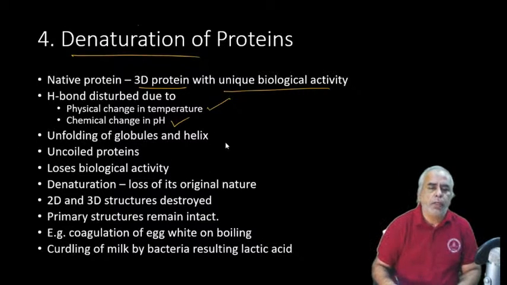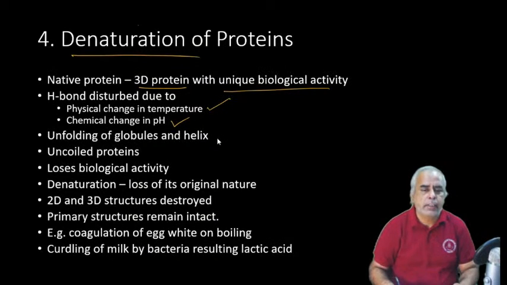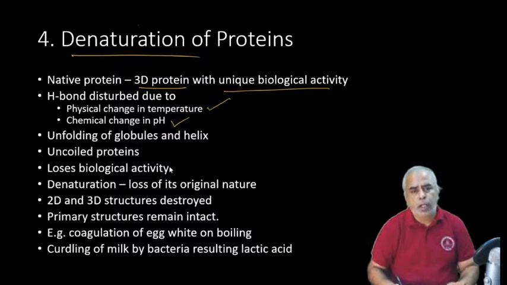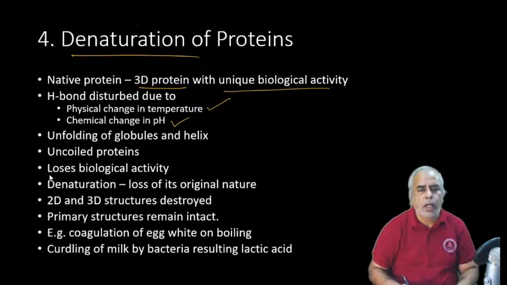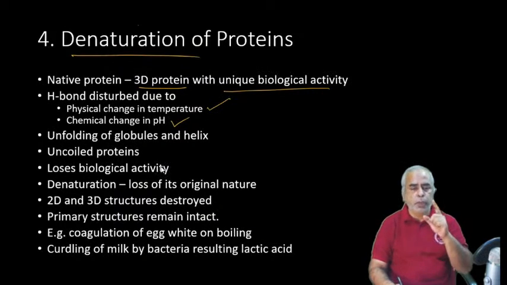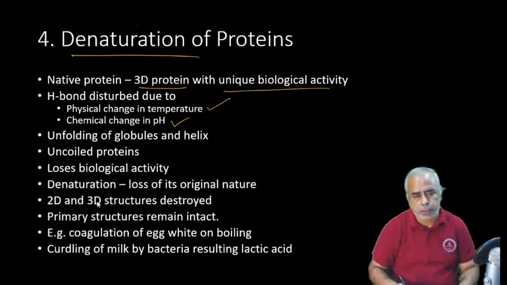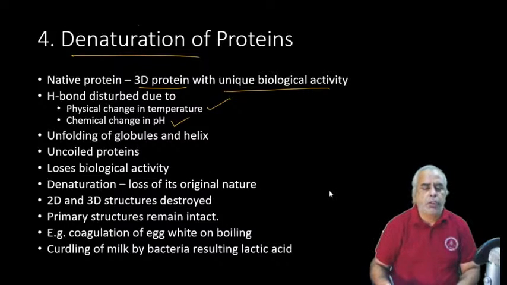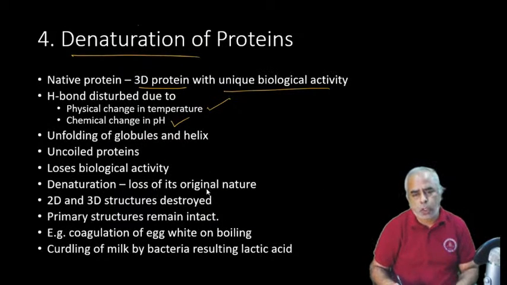So the unfolding of globules and helix, then there will be an uncoiling of protein, so you cannot get it back, and it will lose its biological activity. As I already mentioned, every protein has a unique activity with its own structure, so it has lost that here. And denaturation is nothing but the loss of original nature and shape.